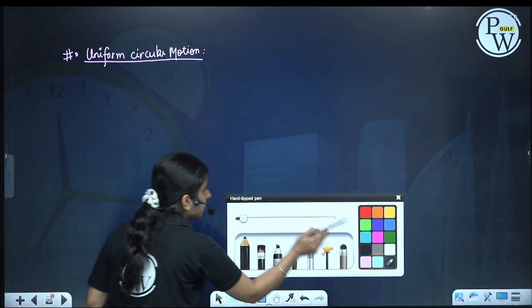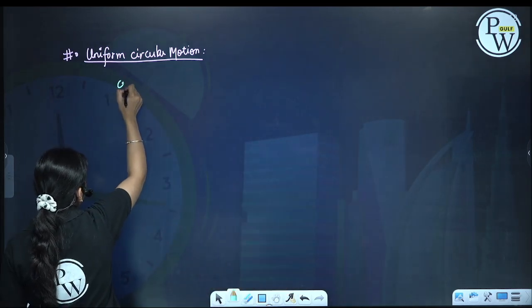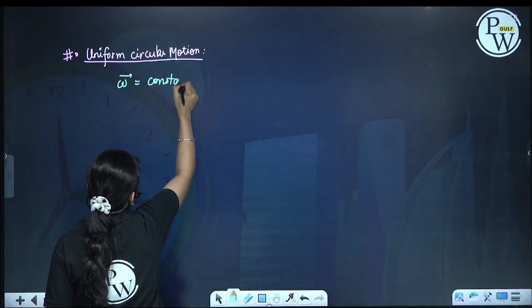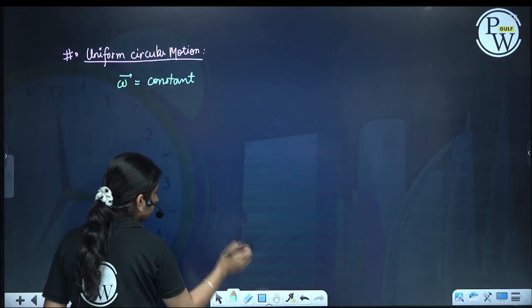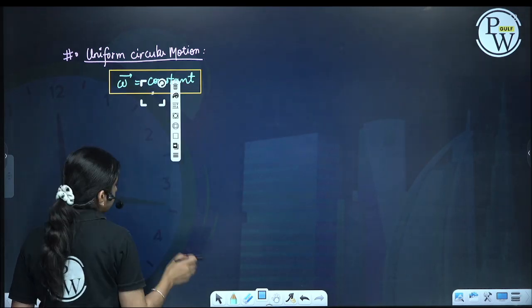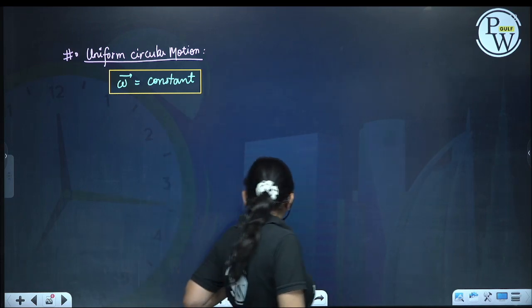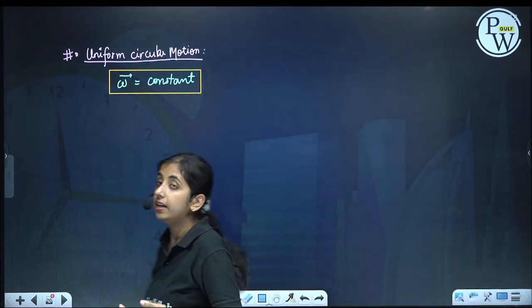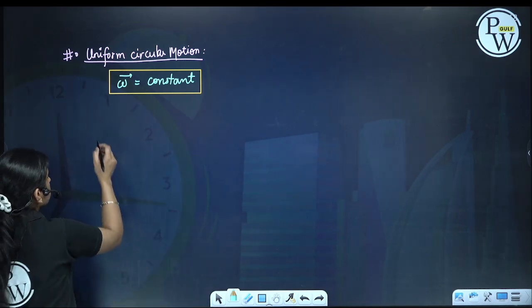So in uniform circular motion, omega will be a constant. Whenever a particle rotates with constant angular velocity, it is called uniform circular motion.